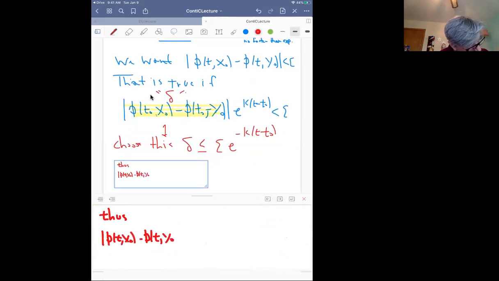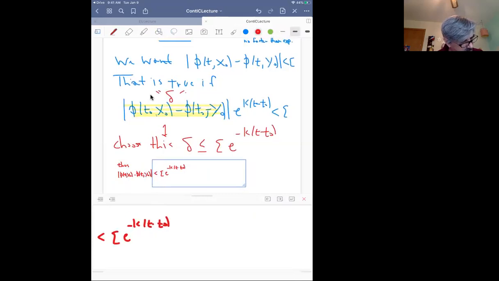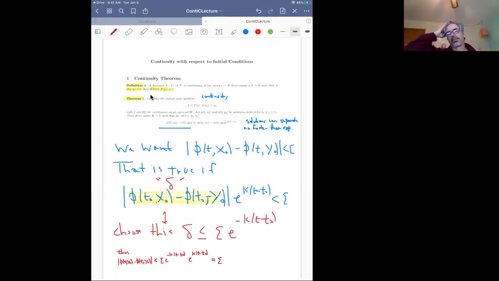So this theorem is broader than continuity, but it implies continuity by that argument.